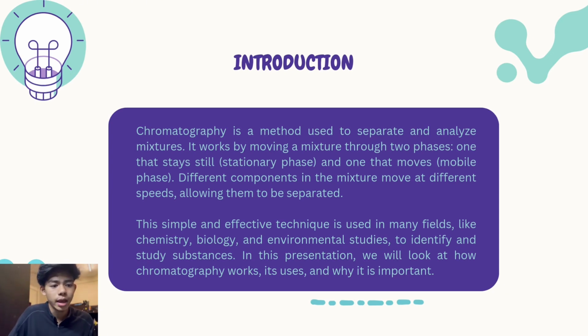This simple and effective technique is used in many fields like chemistry, biology, and environmental study to identify and study substances. In this presentation, we will look at how chromatography works, how it is used, and why it's important.